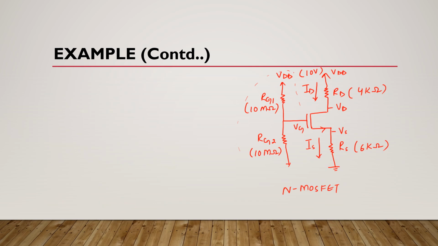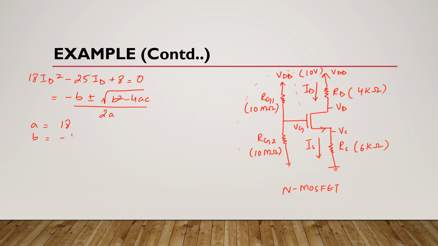In our previous slide, we obtained this quadratic equation: 18 ID square minus 25 ID plus 8 is equal to 0. And in order to solve this equation, we will apply this quadratic formula: minus b plus minus square root of b square minus 4ac, divided by 2a, and here the value of a is 18, b is minus 25, and c is 8.